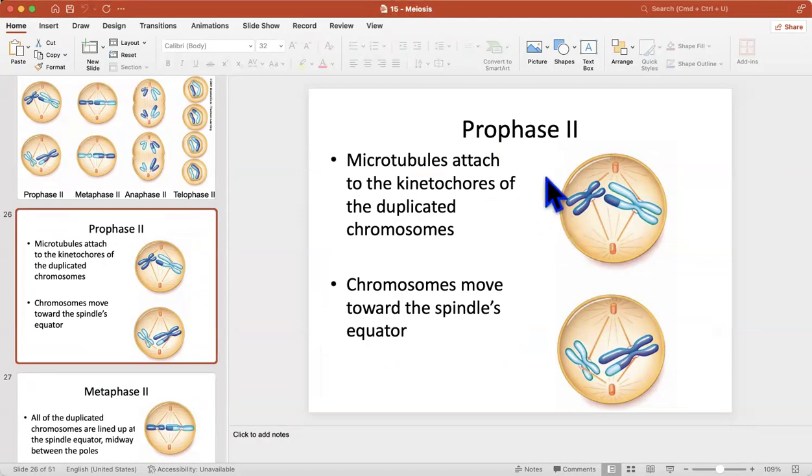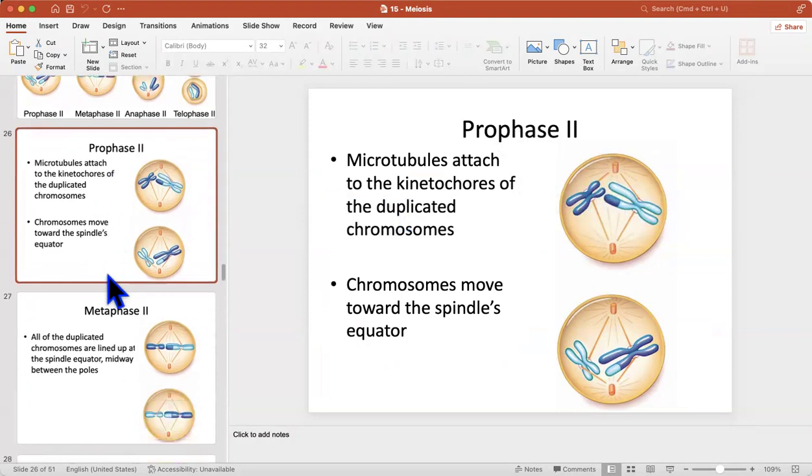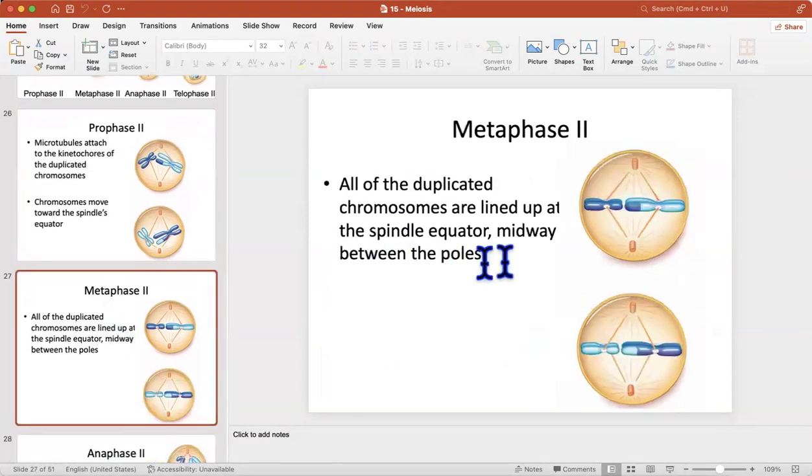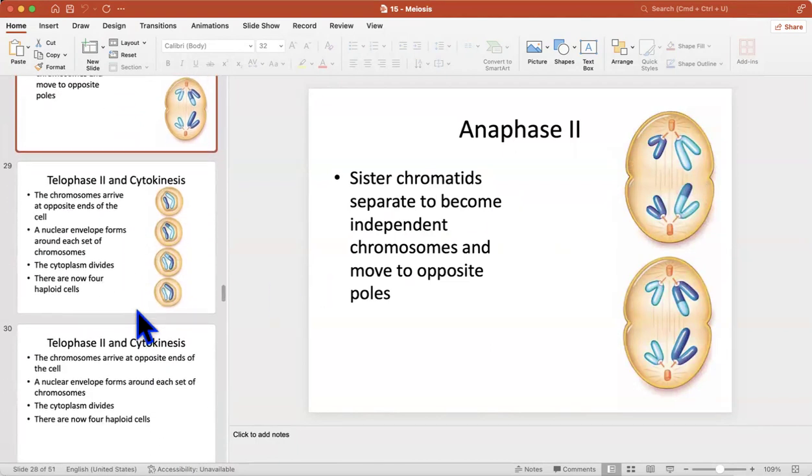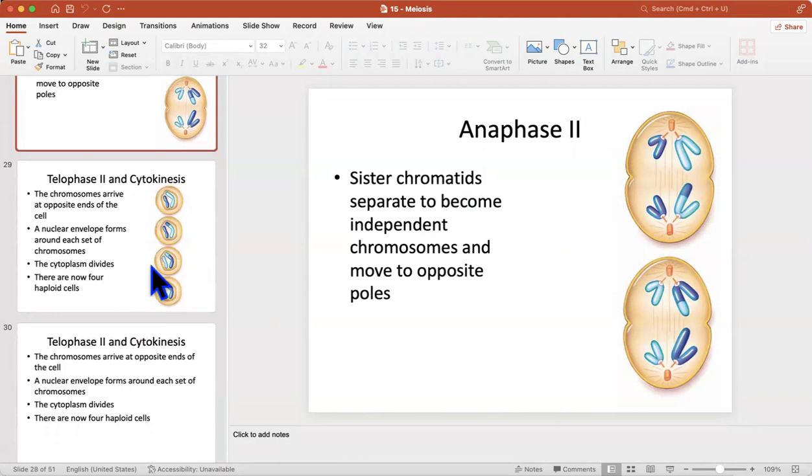In prophase, those chromosomes line up in the center. That's prophase. And when they finish, that's metaphase 2. Similar to mitosis, in metaphase 2 they line up in the center. And then anaphase 2, they start to separate, the sister chromatids separate. And the last one is cytokinesis.